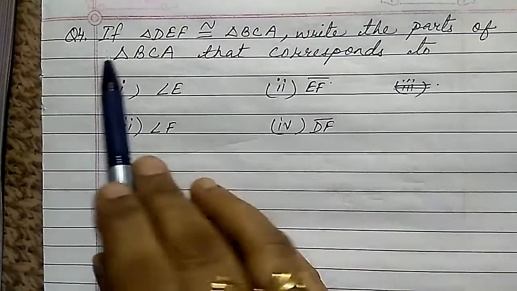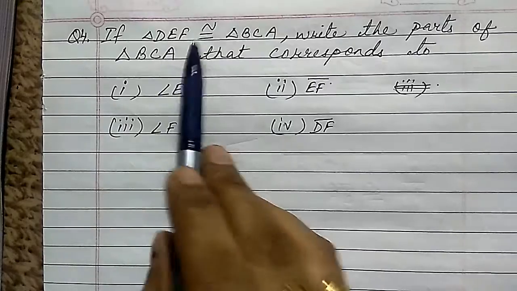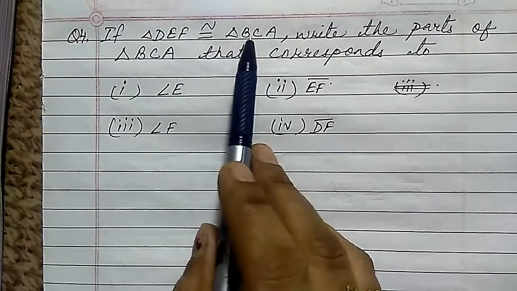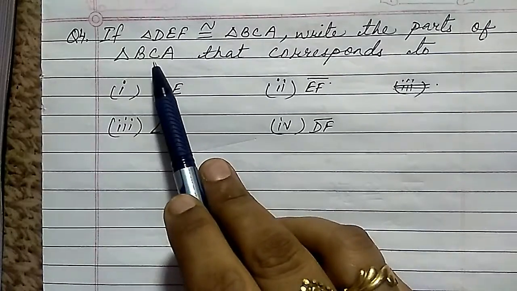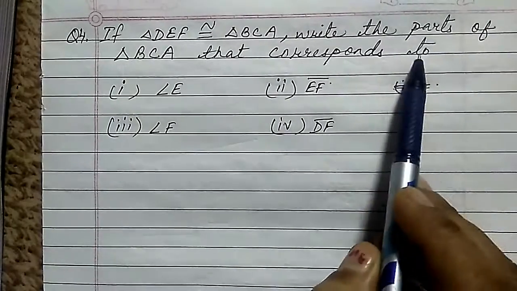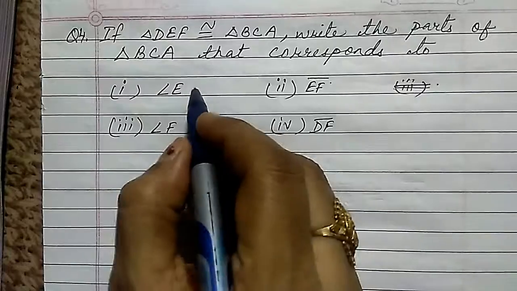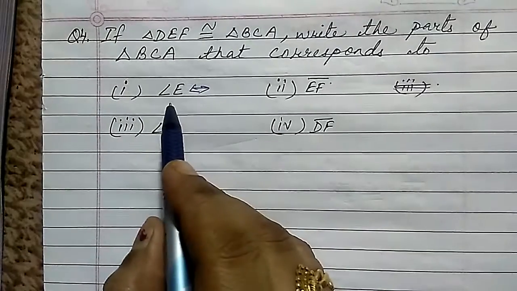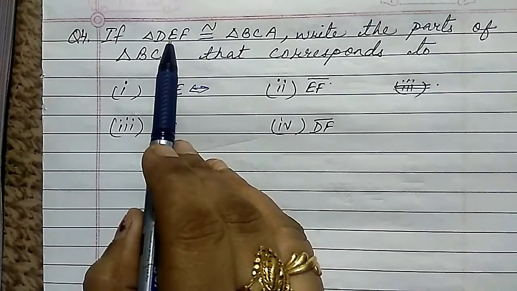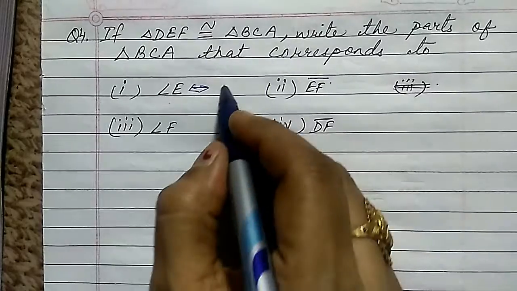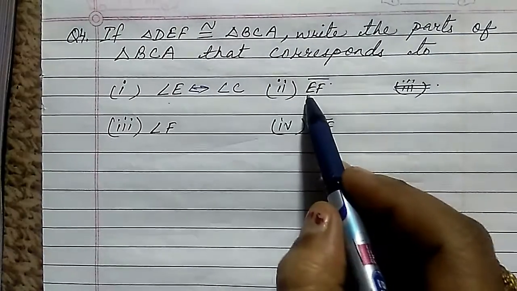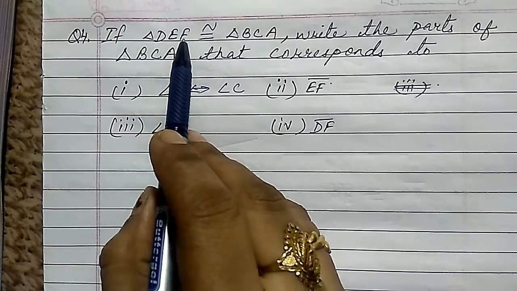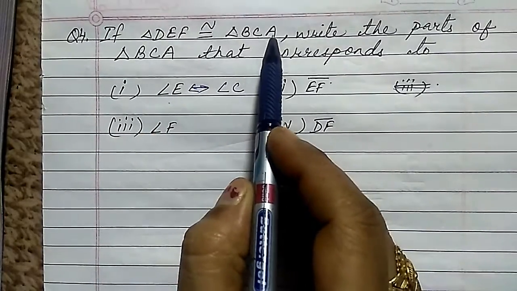Question number 4. If triangle DEF is congruent to triangle BCA, write the parts of triangle BCA that correspond to the following. First part, angle E. Angle E corresponds to which one? The middle one, C. So this corresponds to angle C. EF corresponds to CA.